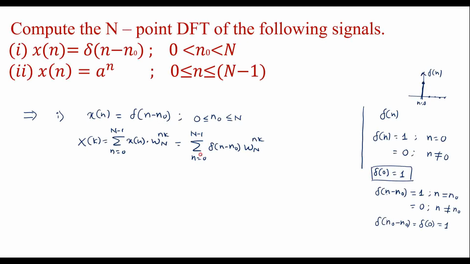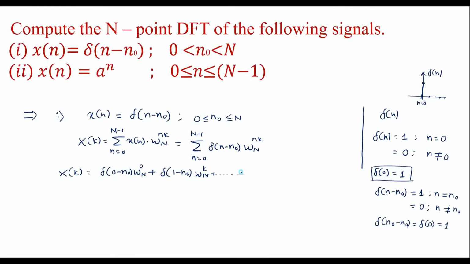Now I can expand this summation. X(k) is equal to, substituting n equal to 0, delta(0 minus n0) W_N to the power 0, plus, if I take n equal to 1, delta(1 minus n0) W_N to the power k.